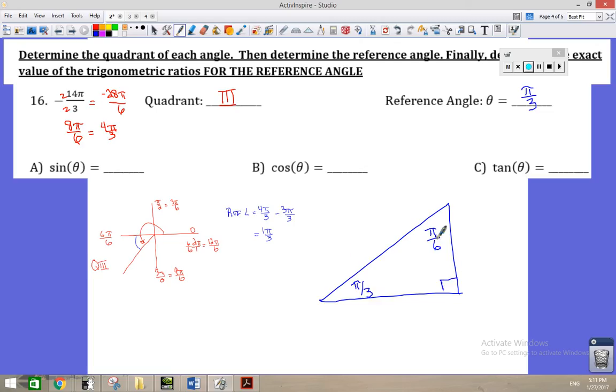And I know that this is 1/2, this is square root 3 over 2, and this is 1. And this is the angle theta. So sine of theta is square root 3 over 2. The cosine of theta, adjacent over hypotenuse, is 1/2. And the tangent is square root 3 over 2 divided by 1/2. The 2's cancel, and I just have the square root of 3.